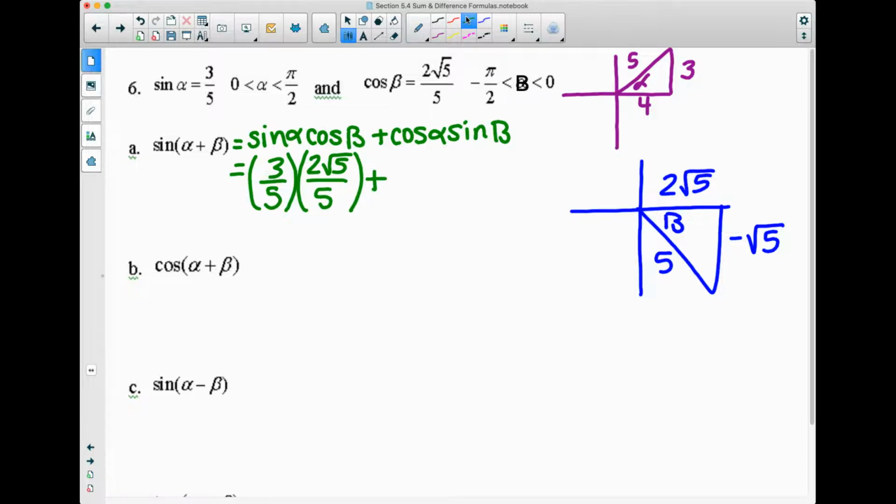But this is why we had to find our missing sides, because now we need to know what is cosine of alpha, and that's 4/5. And sine of beta is negative root 5 over 5.